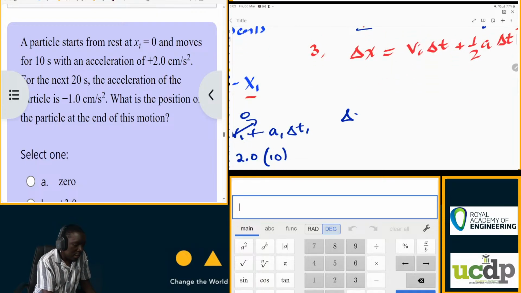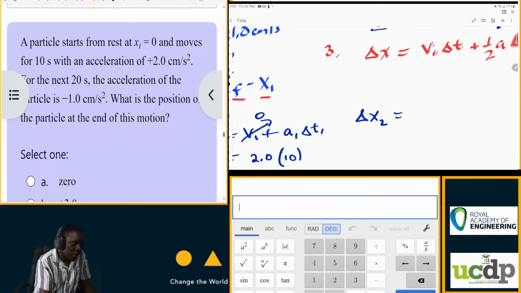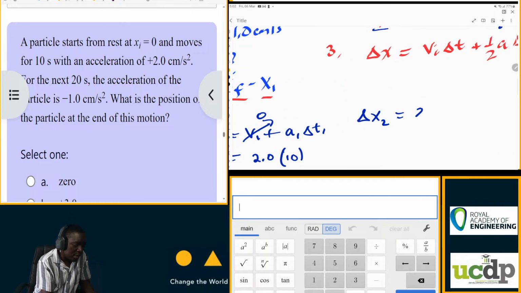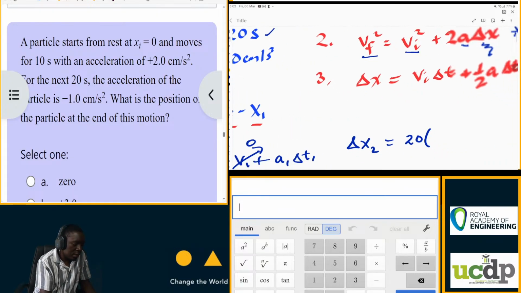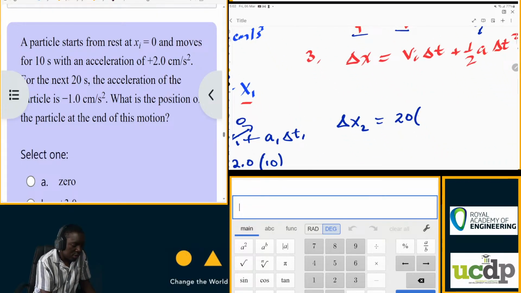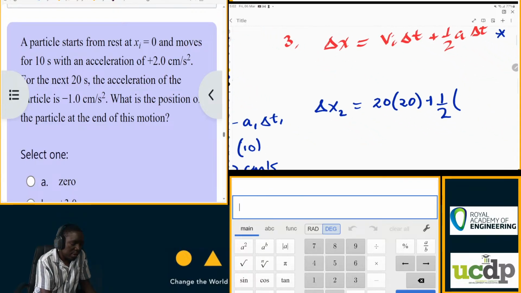We have delta x2 equals, so this V1 which we found is the initial velocity in the second part of the motion. So that's the 20 multiplied by delta t2, which is 20 seconds again, V initial being V1 there. Then plus 1/2 A, and what is A? It's minus 1 centimeter per second squared.